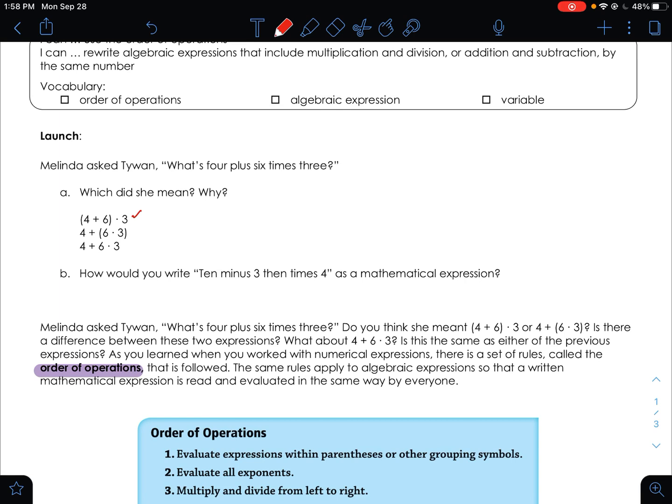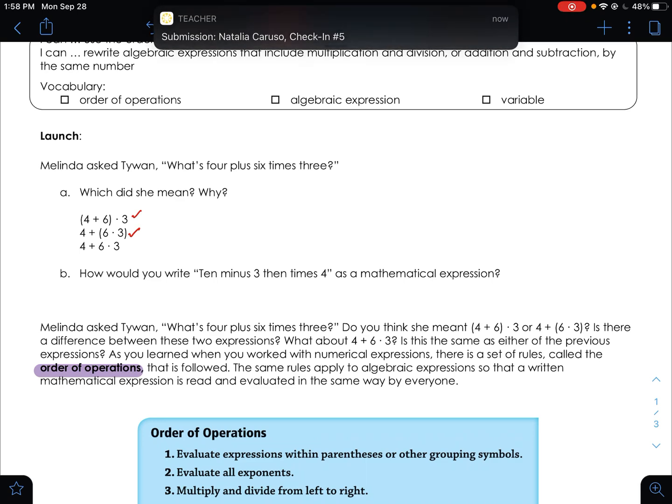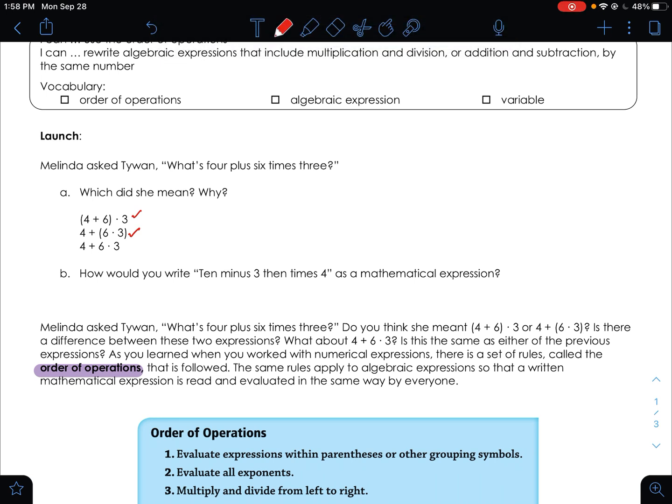You'll see I put a pause before the plus 6 times 3, so I'm grouping that multiplication, and that grouping would look like number 2. And if I said, what's 4 plus 6 times 3, I don't really group anything there. Because there are no pauses, this third one could be correct.